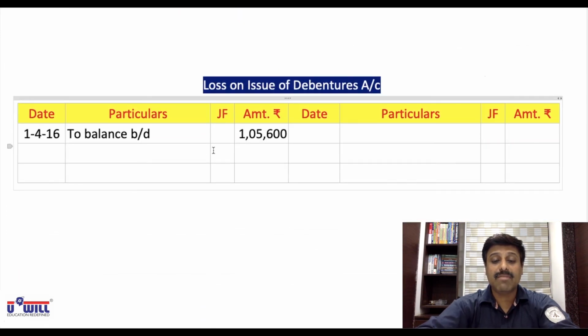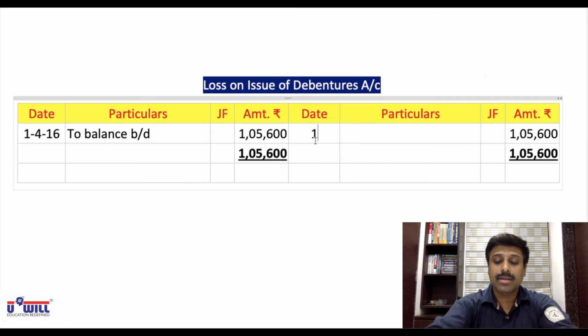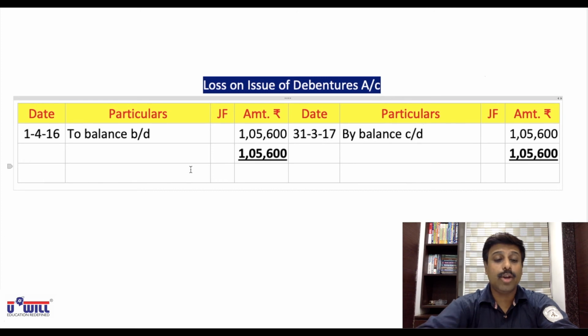Then the loss account will have a balance of 1,05,600 on both the sides, and balance also 1,05,600. 31,317 by balance carried down, and opposite side 1,417 to balance brought down, 1,05,600.